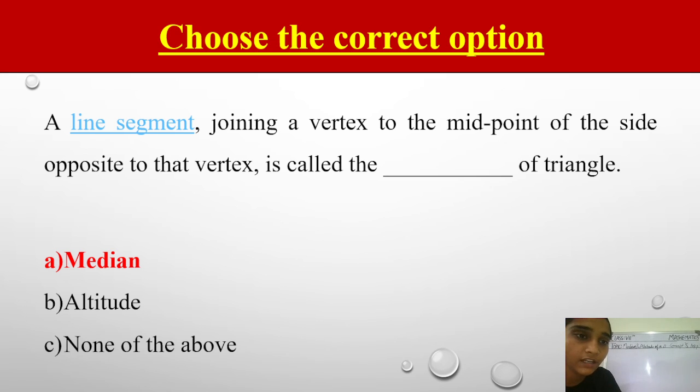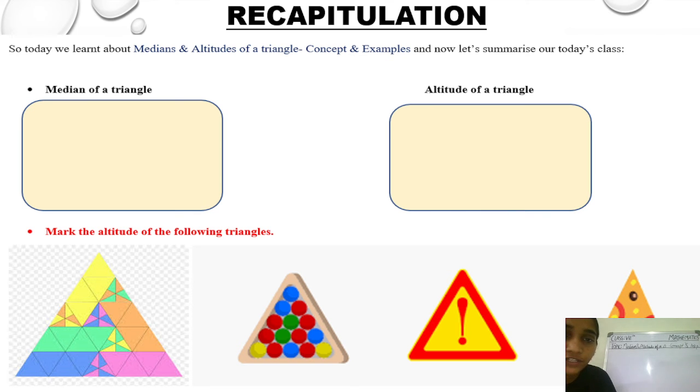So students, what have we learned in our today's class? Yes, today we have learned about the medians and altitudes of a triangle with the concept and few applications. We have seen how we can draw the median and altitude of a triangle. So students, what do we mean by the median of a triangle?